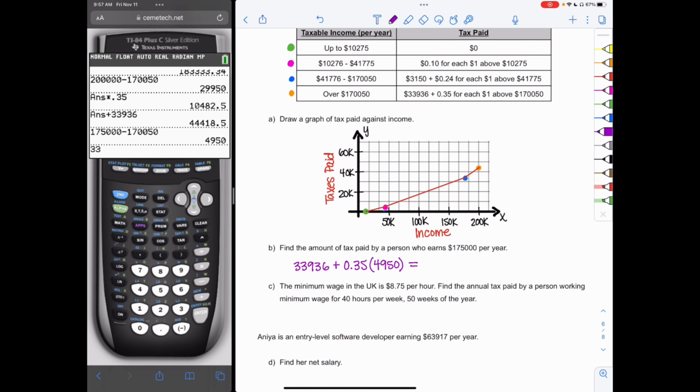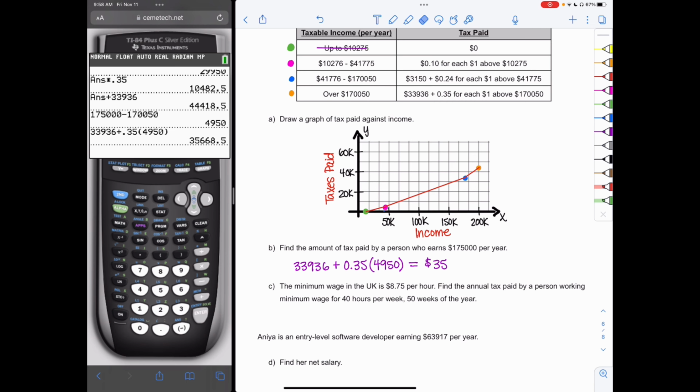So I will have 33,936 plus 0.35 times 4,950, and that will give me a total tax bill of $35,668.50. That is how much taxes would have to be paid.